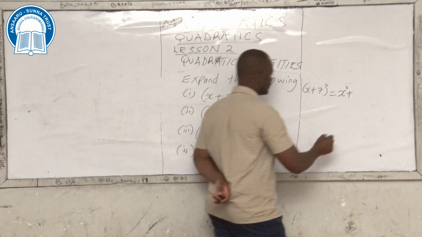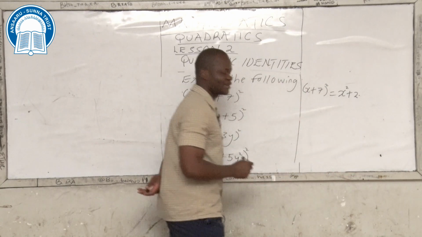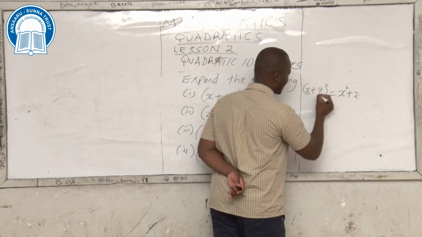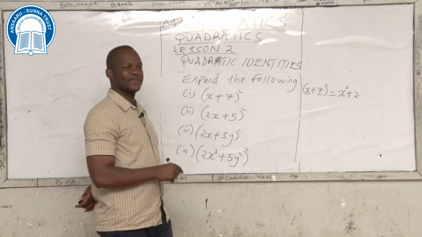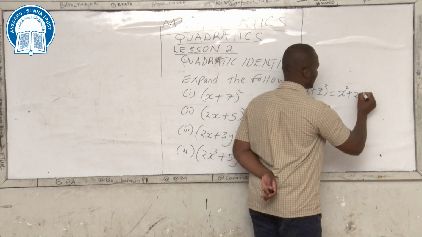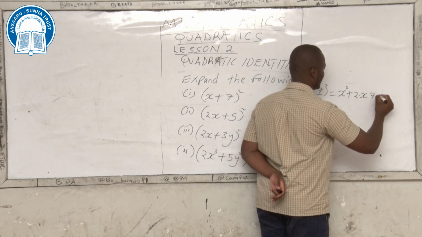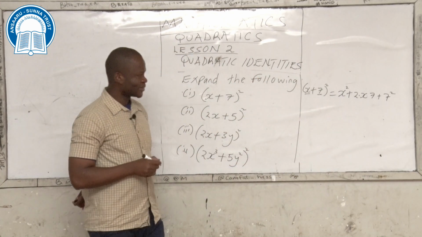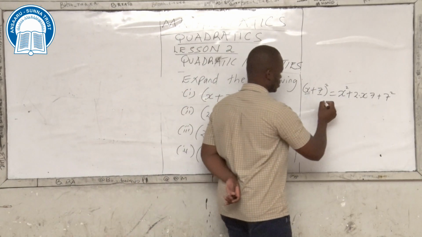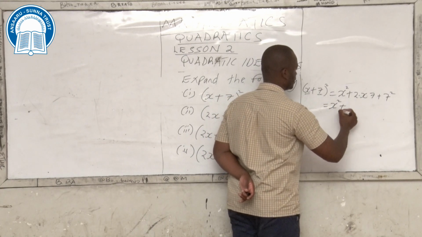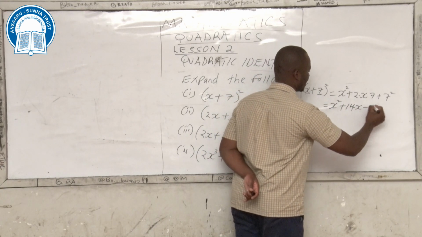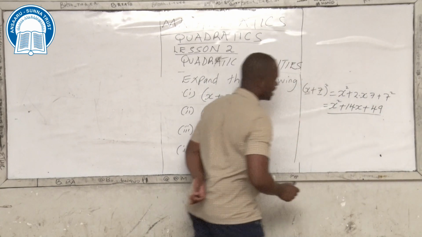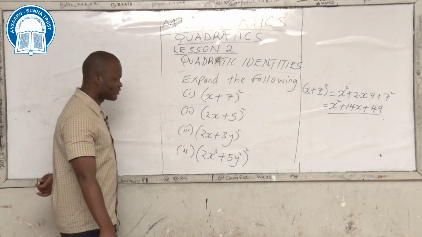Then we take the 2, which is a constant, times the terms in the bracket, x and 7, plus the square of our second term in that bracket. So we get x squared plus 14x plus 49. We are done with the first expansion using the quadratic identity.